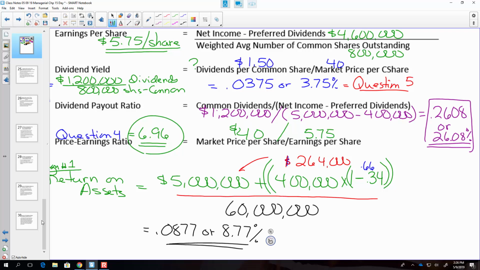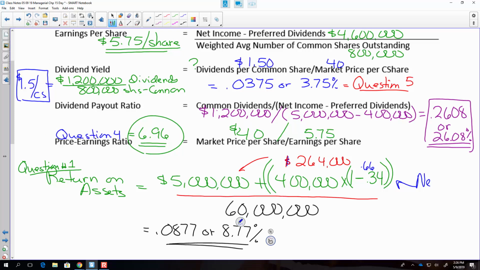Make sure you're looking at the common dividends versus the preferred dividends and so forth. And always be careful with this net of tax computation here on the return on assets. Make sure you subtract the corporate tax rate when we're multiplying it against that interest expense. So just a couple little tricky ones that we have to be careful of when we're doing our problems and exams.